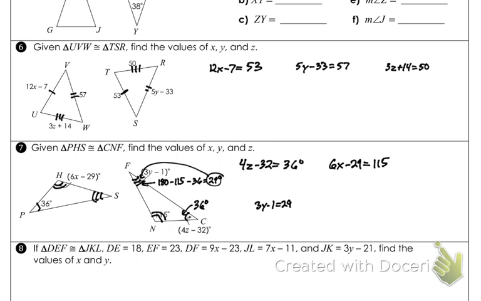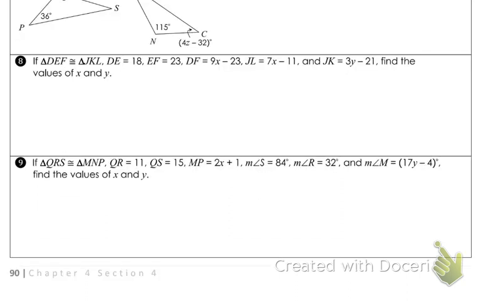Okay. I do want to get to the last one because I want to describe how you should draw your own triangles. So if you're going to draw your own triangles, this is how I would do it. We have DEF is congruent to JKL.